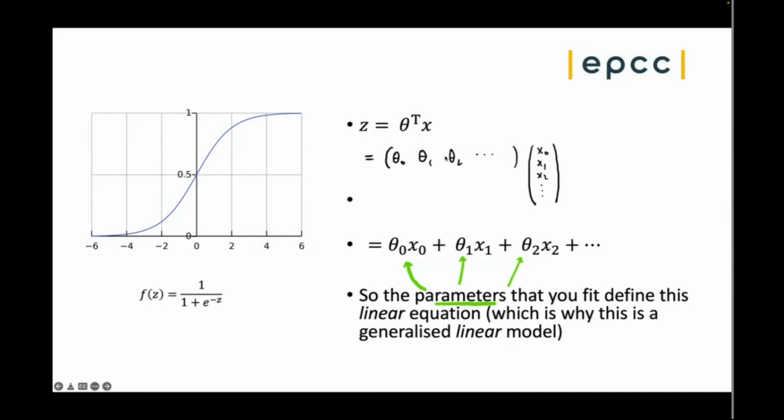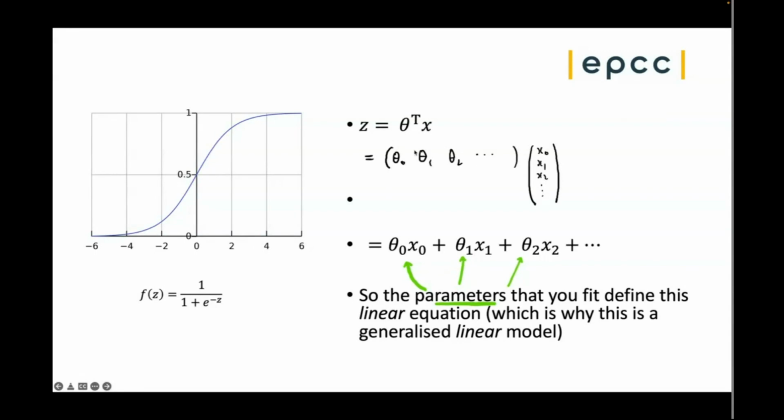Well, we can arrange all of our parameters like this: theta naught x naught plus theta 1 x1 plus theta 2 x2. So now we have multiple parameters, and then we define z, the thing that we're going to put into this shape here, as the dot product of the theta vector and the x vector. So we end up with something like this, or written concisely like this.